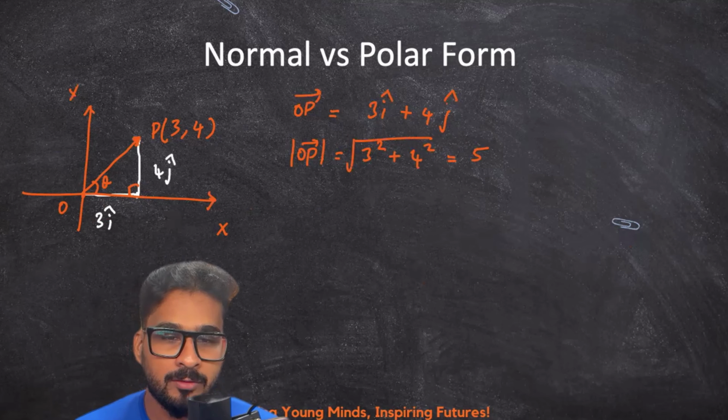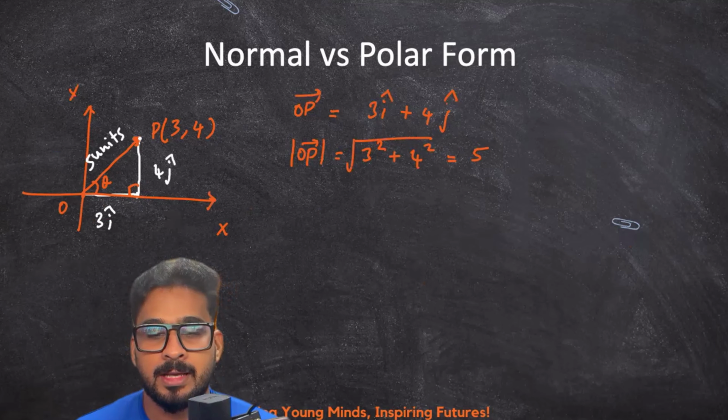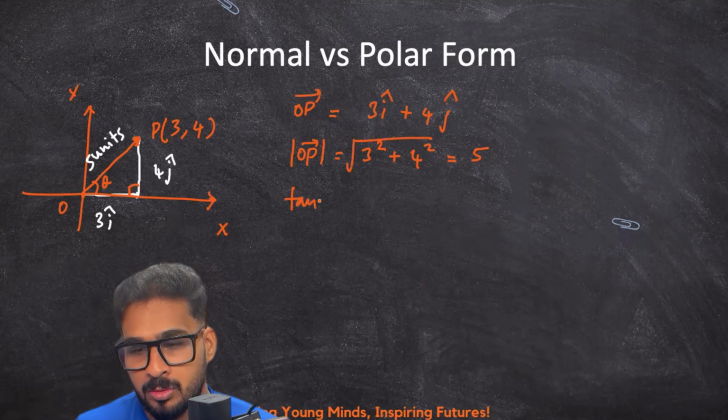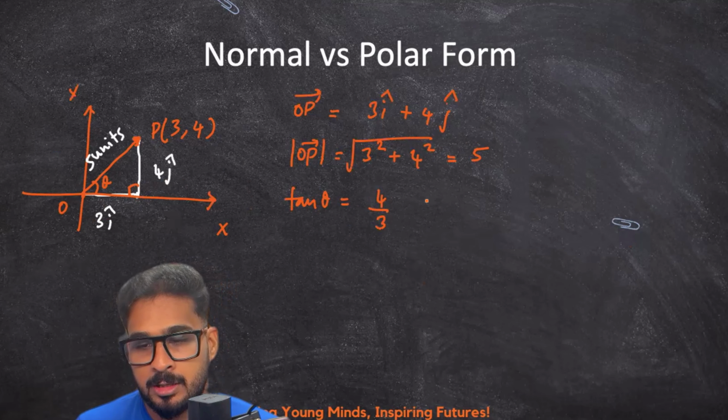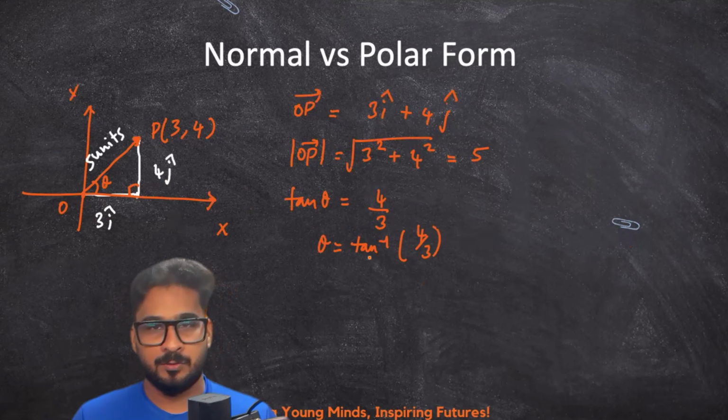So the magnitude of this vector is 5 units. And the angle theta that it makes with the x-axis can be written as tan theta equals 4 upon 3, so theta is tan inverse of 4 by 3. Tan inverse means inverse trigonometry.